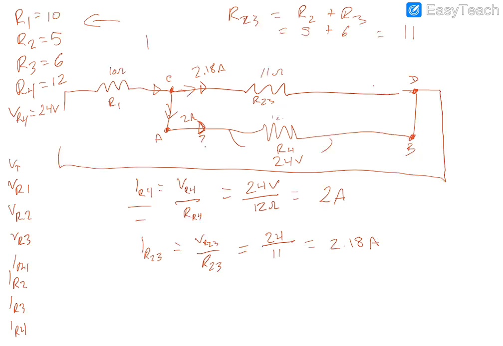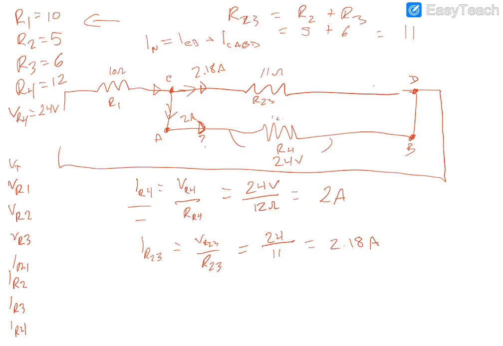So the current of the node is equal to the current from C to D plus the current from C to A to B to D. You can see how I'm following that around, right?